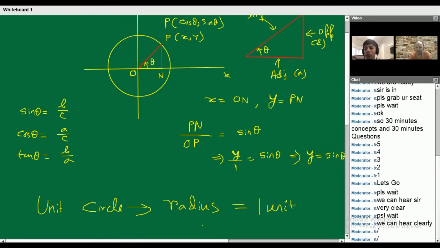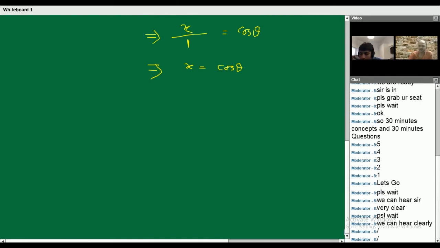I'll share with you. For sine theta, here you can see: Some Old Horses Chew Apples Happily Throughout Old Age. Can you see that in the chat box? So this is a sentence, and through this sentence we can easily decode this.